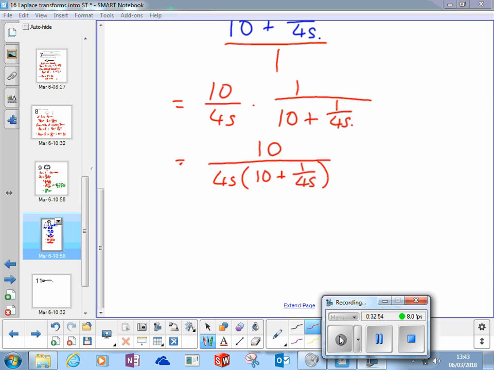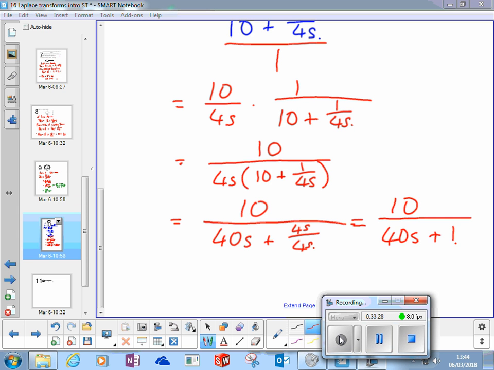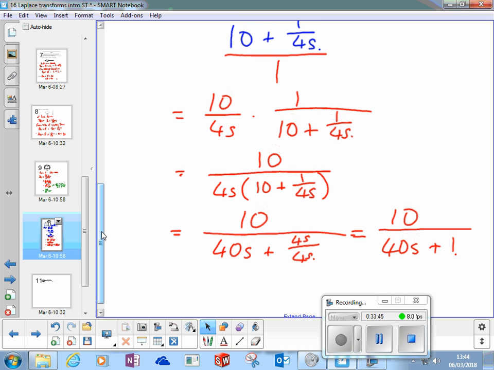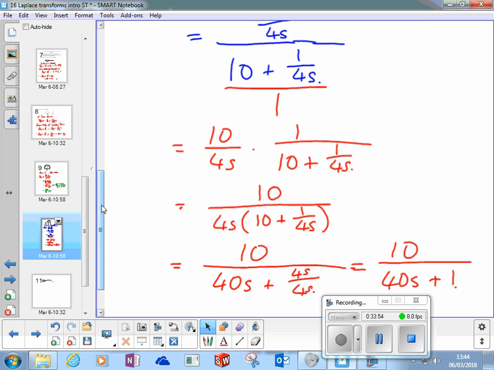Can you see it now? What happens when we multiply out the brackets? 4s times 10 is 40s, plus 4s divided by 4s, which equals 10 plus... Follow that, everyone? So we put a little note in of what we've done at each stage there.